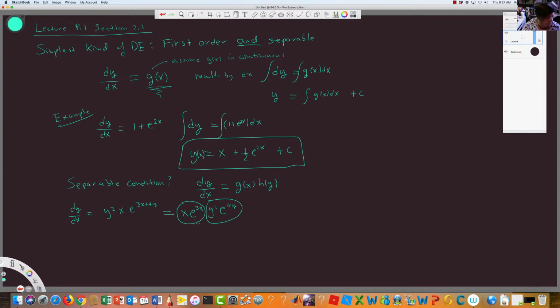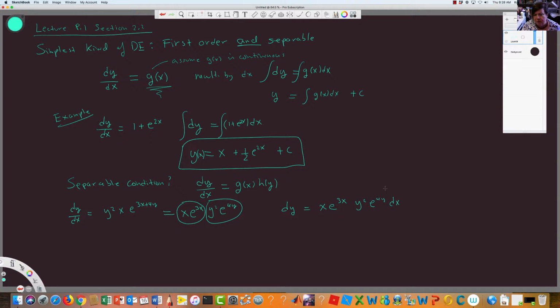Okay, well, how would we move forward in solving that? Well, what would we do? We can multiply by dx on both sides, like we did before. So we get dy is equal to x e to the 3x y squared e to the 4y dx. Well, I'm not quite ready to integrate both sides, right? Because I still have y's over here.